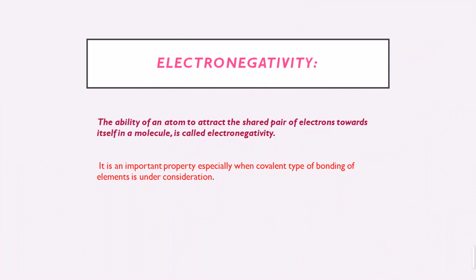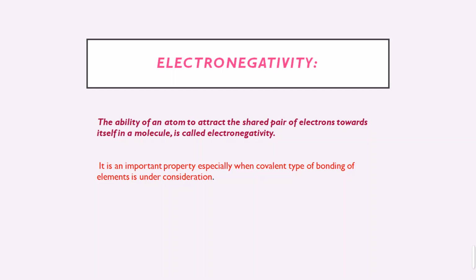Electronegativity is the ability of an atom to attract the shared pair of electrons toward itself in a molecule. A molecule consists of two atoms: one is an electropositive atom and the second is an electronegative atom.